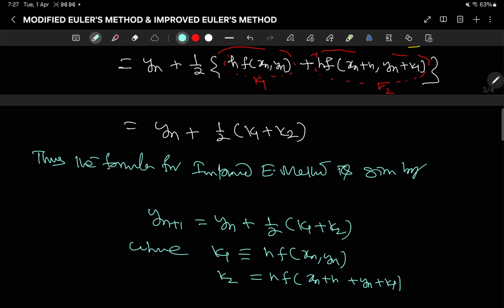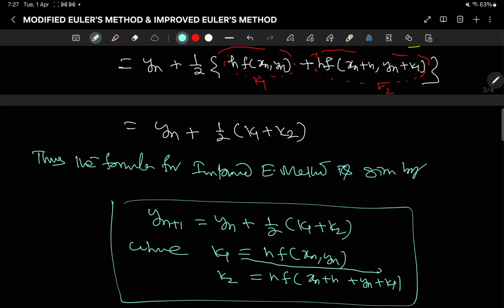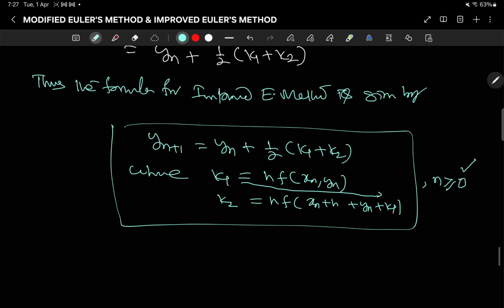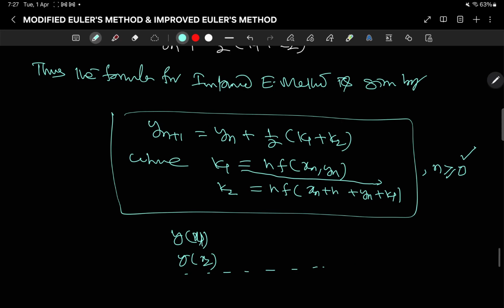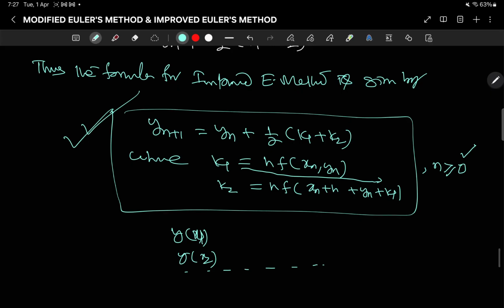So this k1 is taken from this. This is the necessary formula, with n greater than or equal to 0. Subsequently for n equal to 0 I find y1, that means I can find y(x1), y(x2), and I continue in the given interval. So this is the necessary formula, we have to remember it.